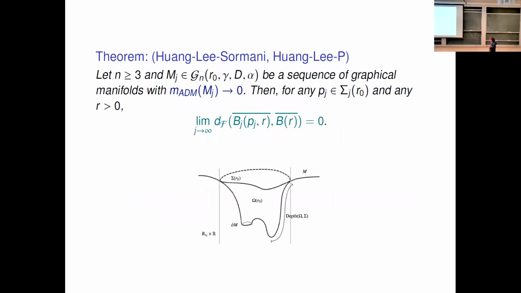And the second result is the pointed version of the other result. So now we make actually the balls converge to the ball in Euclidean space. And here one has to be very careful with the points that one chooses to make a pointed convergence. What one has to do is choose the points in this region sigma j R0.